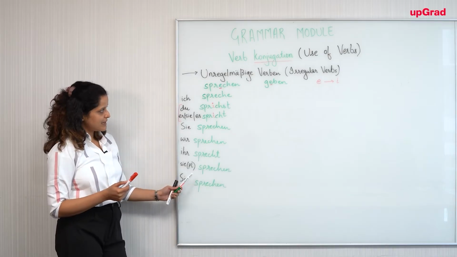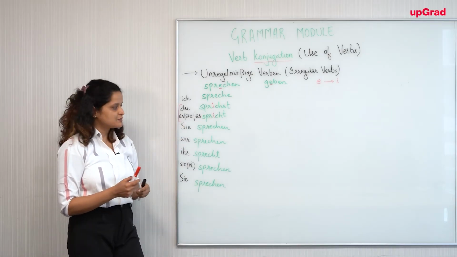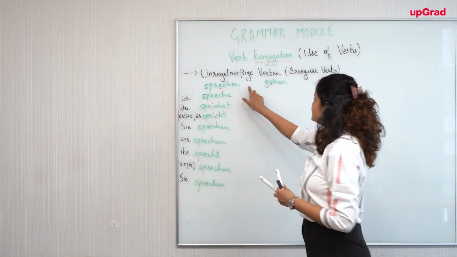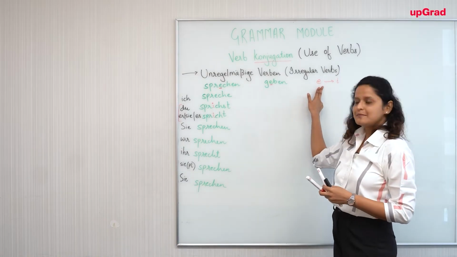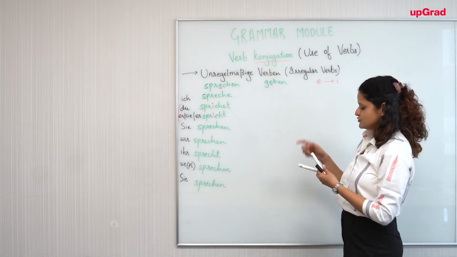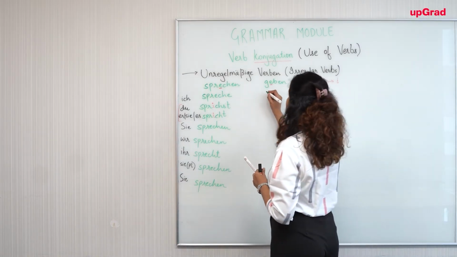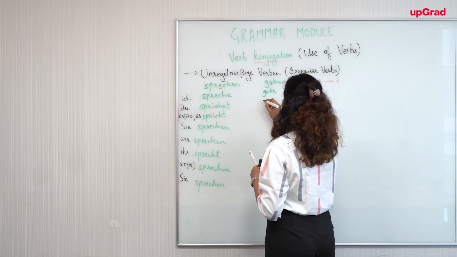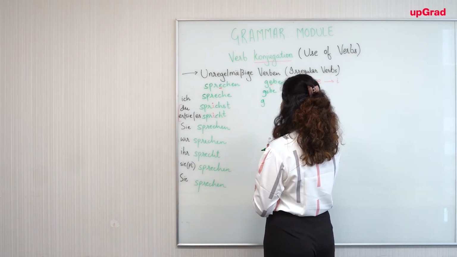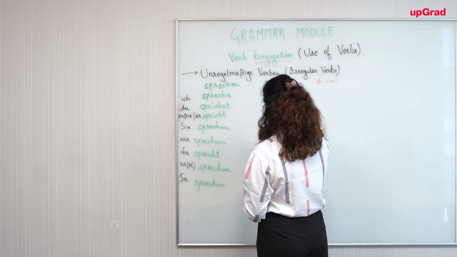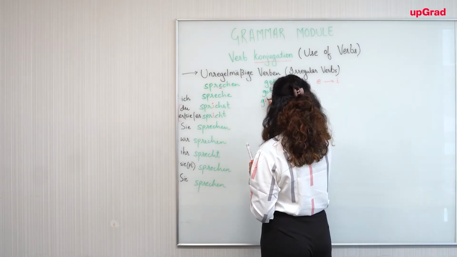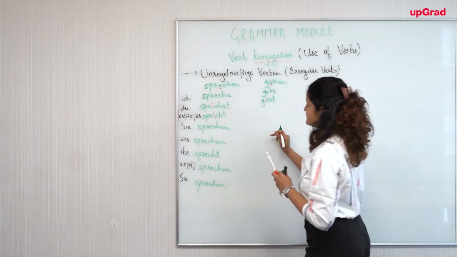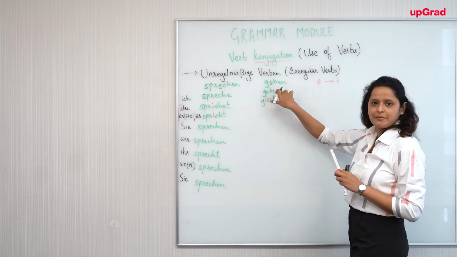Now, in a similar manner, we will conjugate the next verb, that is geben. These two verbs fall in the same category where E changes to I. So, we start with ich gebe, du becomes du gibst. Wherever you have E, that will change to I. So the position of the E in the verb may vary.